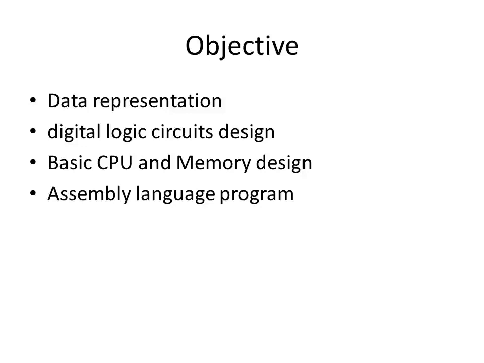Basic CPU and memory design is another objective, and the last objective is to understand the assembly language program. Assembly language is a programming language, the second generation language, developed around the 1950s.